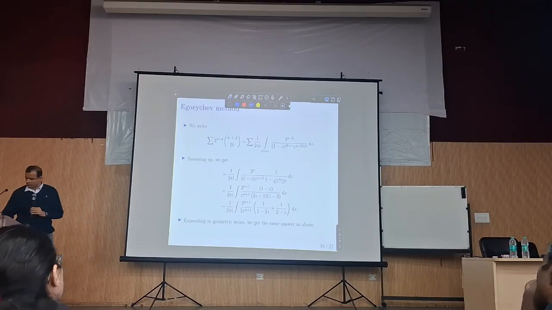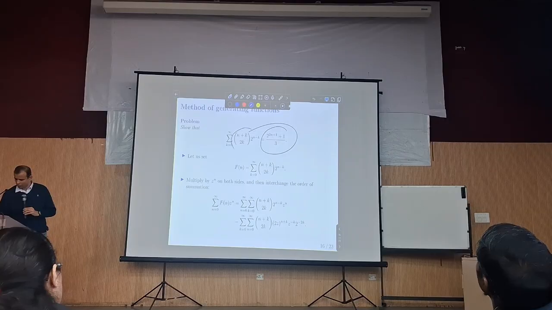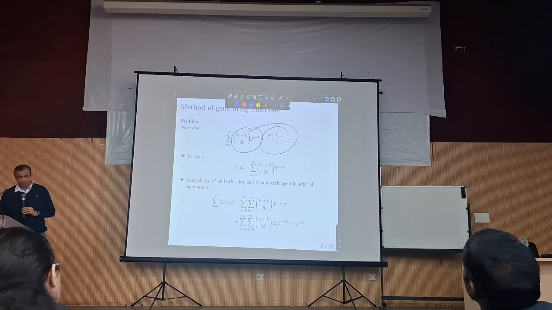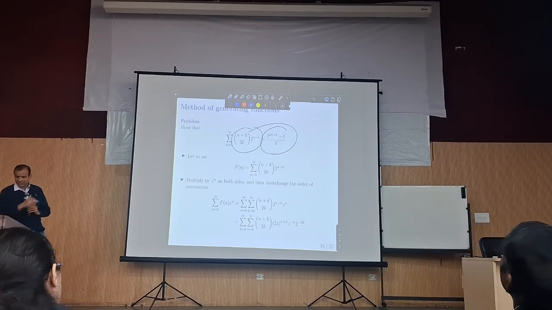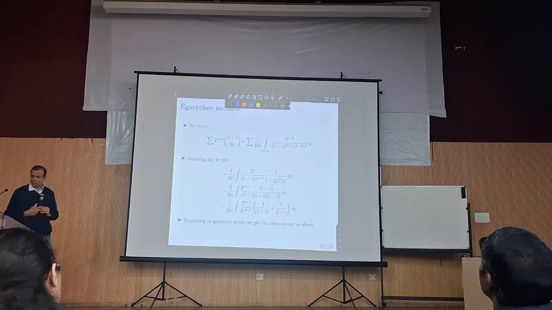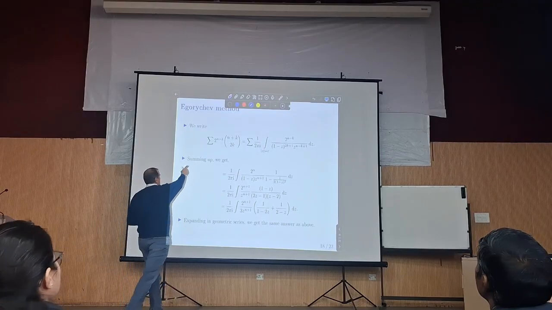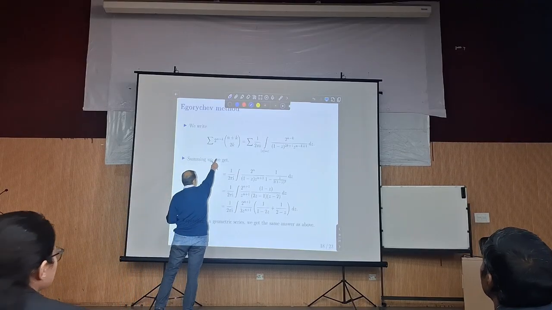So this is what we wanted to prove, right? We wanted to prove that 2 to the n minus k, n plus k choose 2k is a right hand side term. So n plus k choose 2k, I am going to write it as 2 to the 2n minus k, n plus k choose 2k.